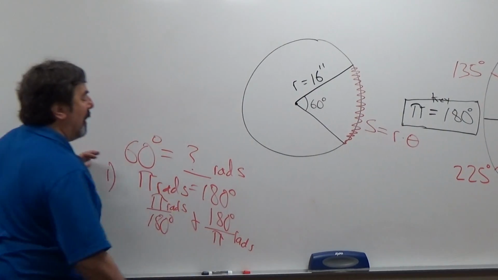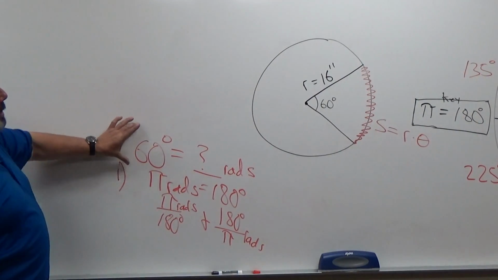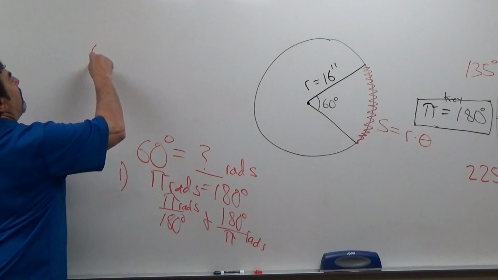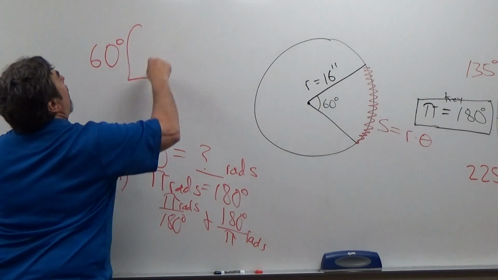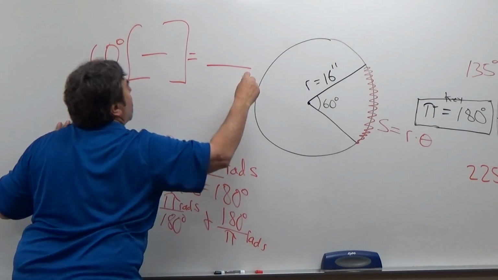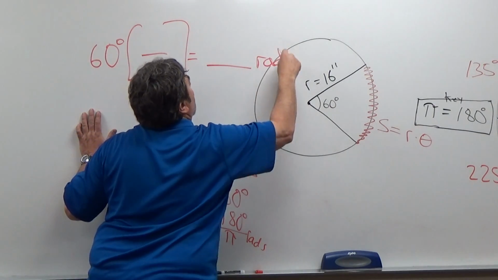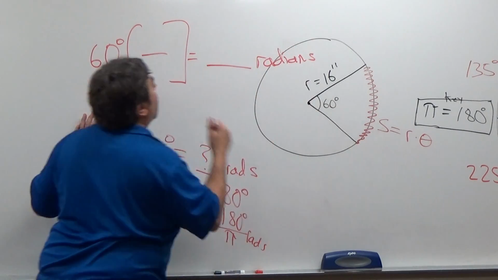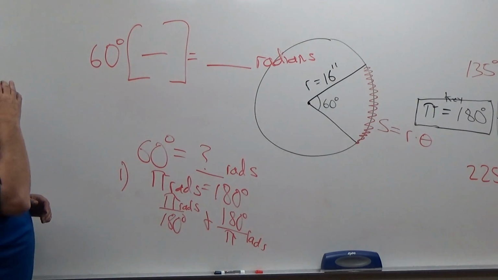Now we want to take what we're converting, which in this case is 60 degrees, and multiply it times one of the two fractions so that we end up in our desired units, which is going to be radians.